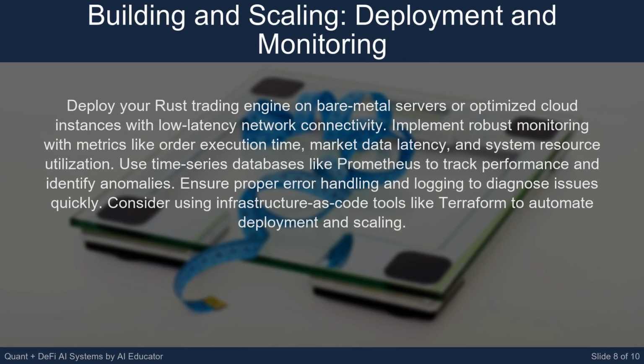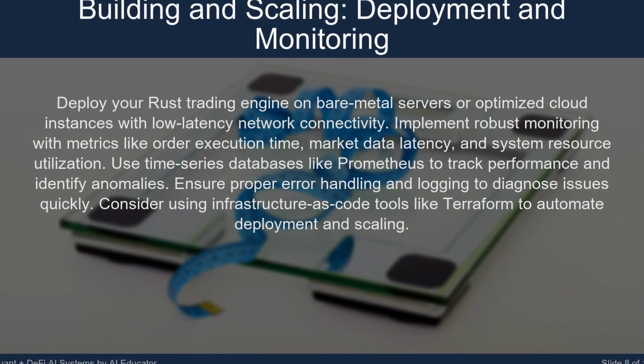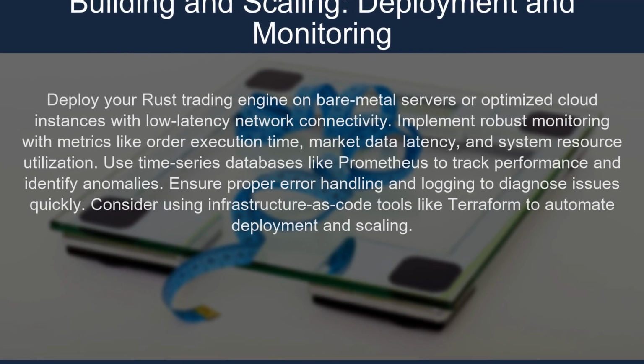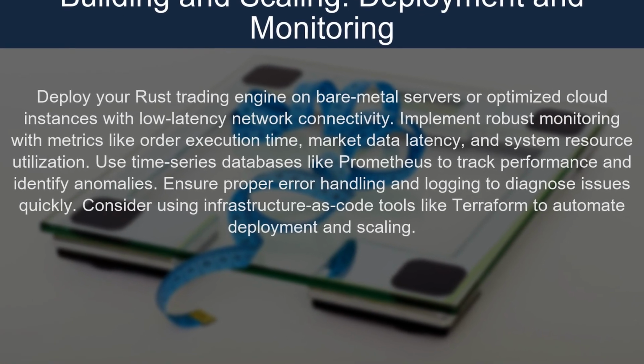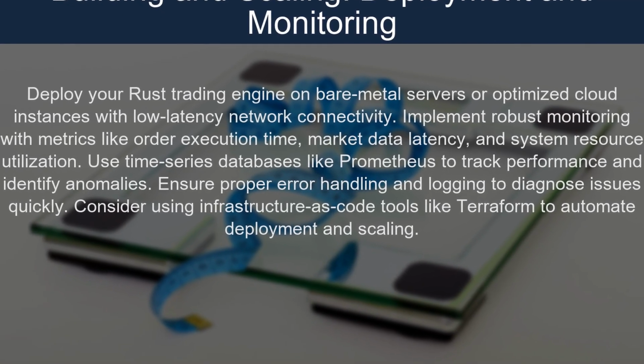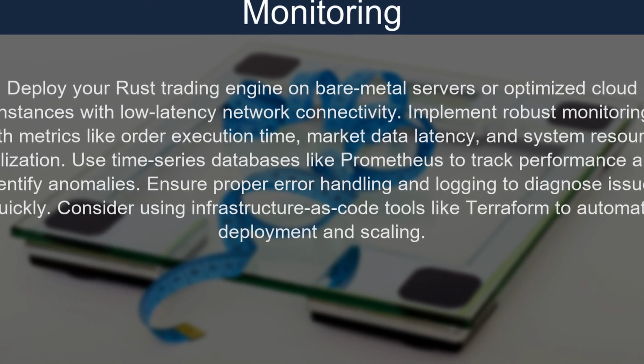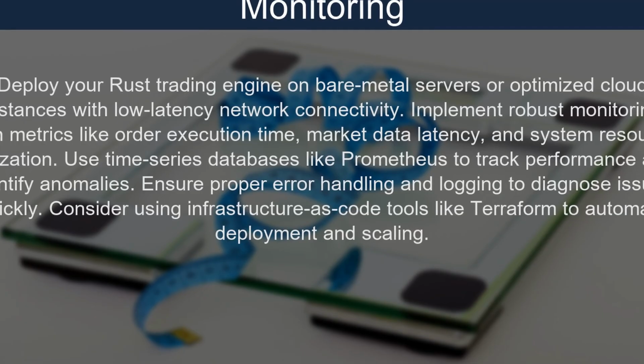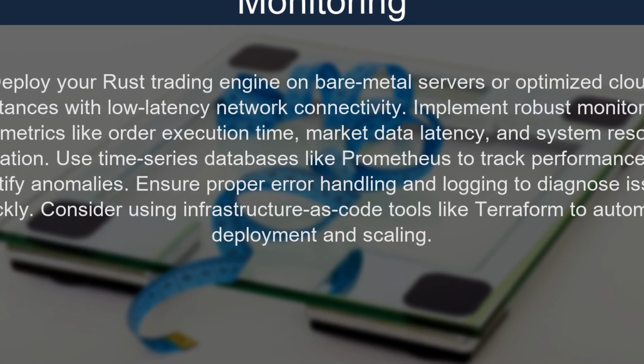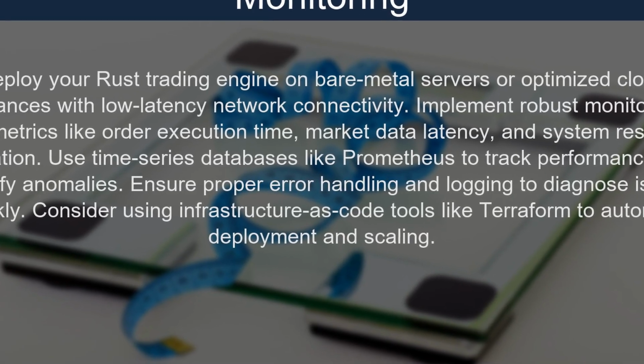Deploy your Rust trading engine on bare metal servers or optimized cloud instances with low latency network connectivity. Implement robust monitoring with metrics like order execution time, market data latency, and system resource utilization.